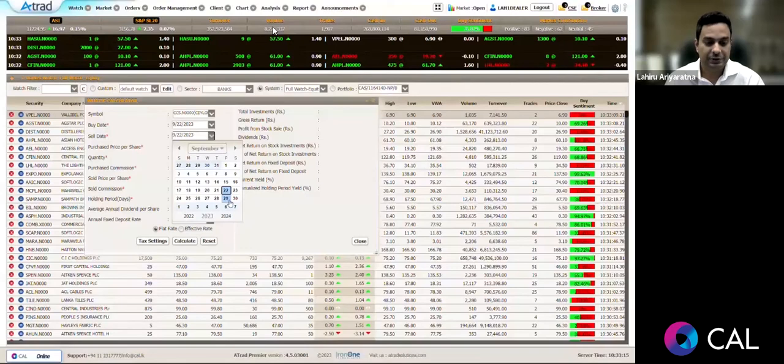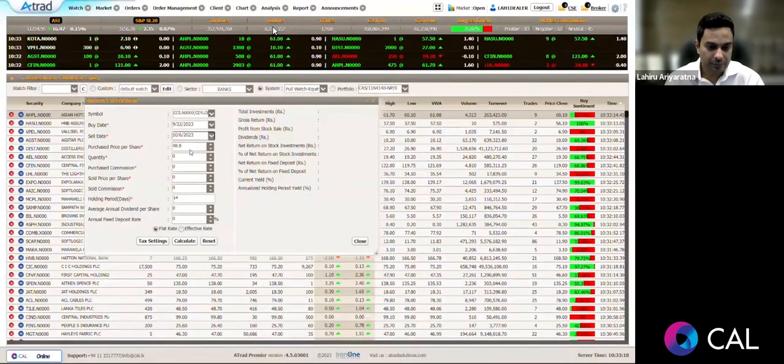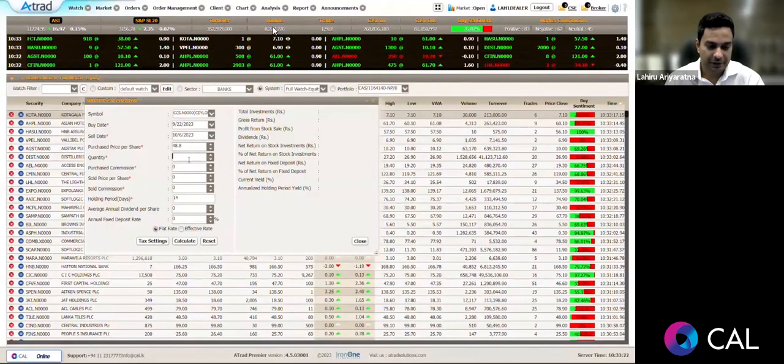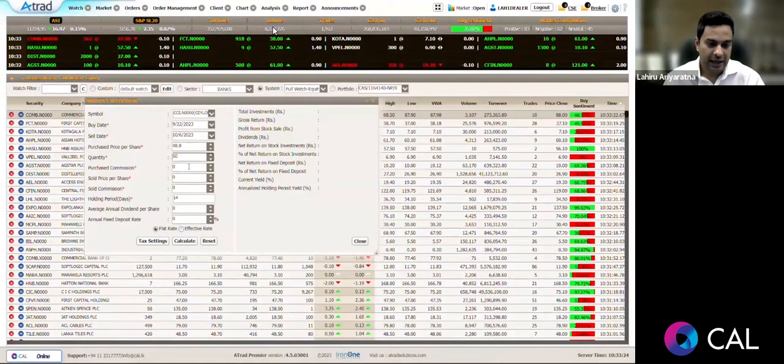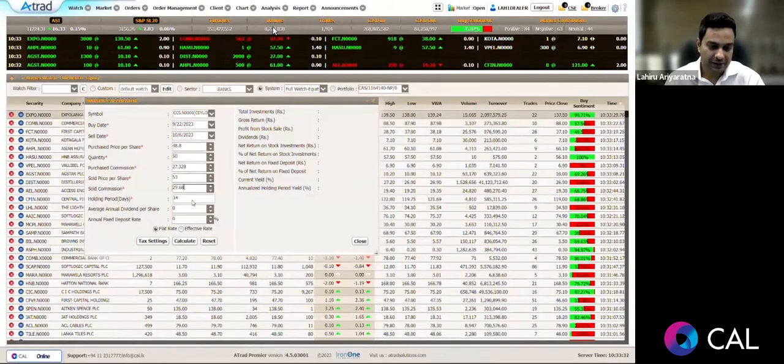Last Friday I decided to buy a certain number of shares of Ceylon Cold Stores, and I'm hoping to sell this in 2 weeks, which is 6th October. I want to buy 50 shares at 48.80, and I'm planning to sell these 50 shares at 53 rupees in 2 weeks. So my holding period is 14 days.